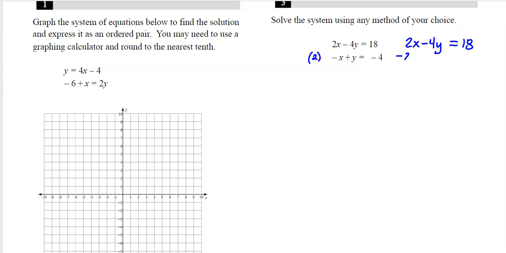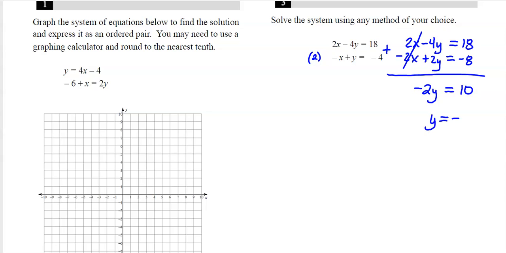Bottom row I'll have negative 2x, positive 2y, negative 8. Add those two rows together. The x's go away. I'm going to get negative 2y equals 10. Divide, divide. And I get y equals negative 5.